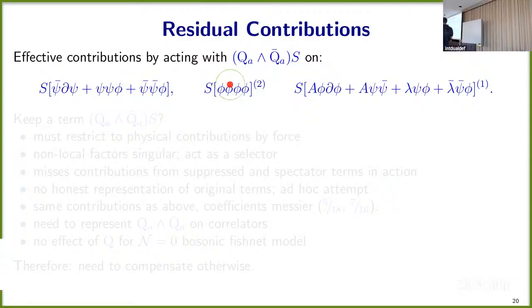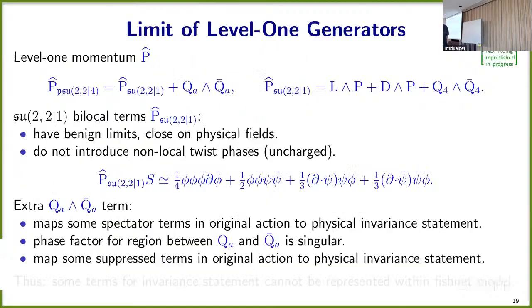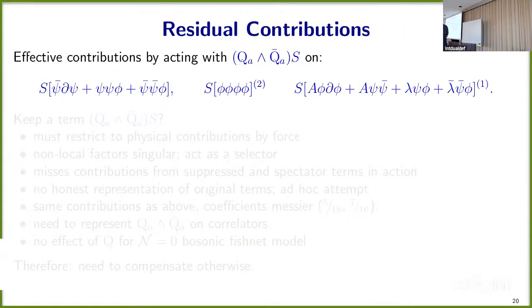But there are also other terms, which here I mean the term that is suppressed by two orders of this limiting parameter, but since you also have regions of phase factors which can be divergent in the limit, the contribution of the two will give you contributions which are terms of this type here. And then there are some terms which you certainly cannot express. These are again suppressed. These are cubic terms involving the gauge field and the gauginos.